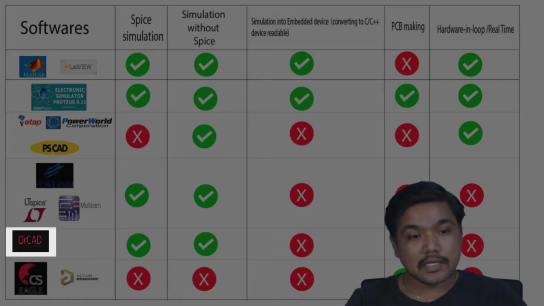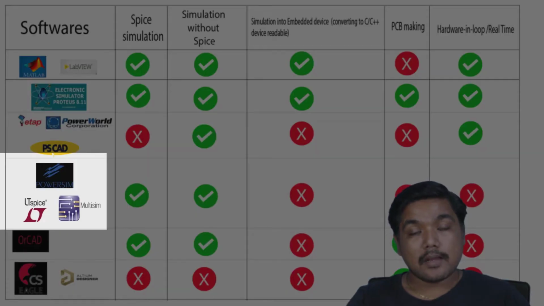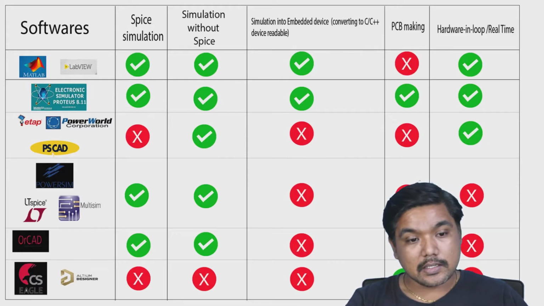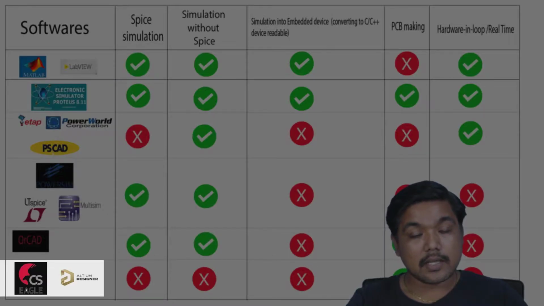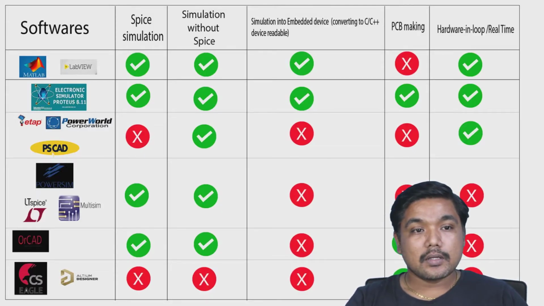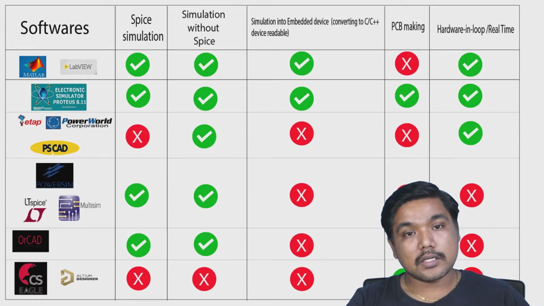ORCAD is versatile compared to the other three, PSIM, LT-SPICE and Multisim. And if you are only doing PCB and 3D viewing of the PCB, then you can go for the last category, Eagle and Altium Designer. This choice is left to you. You can prefer which one you need, and you can learn it.